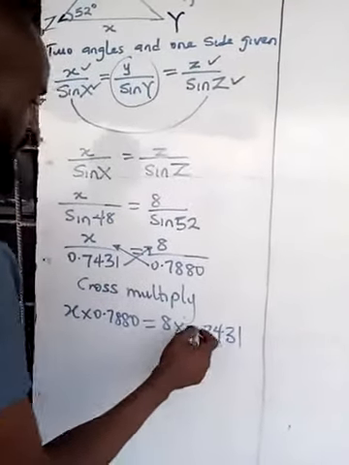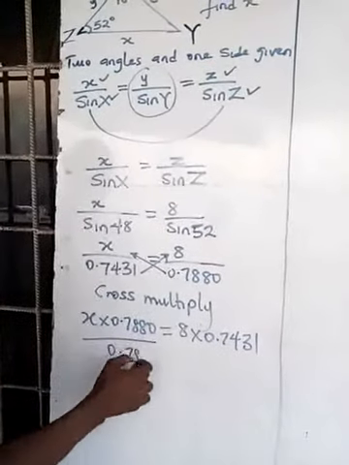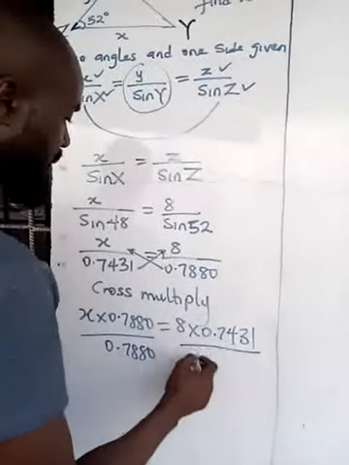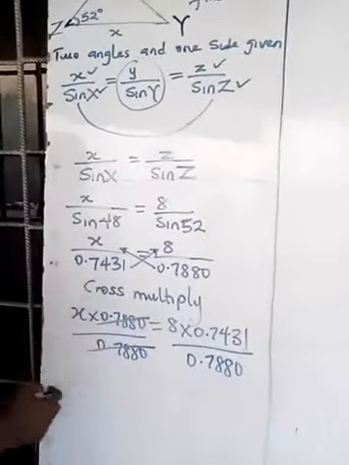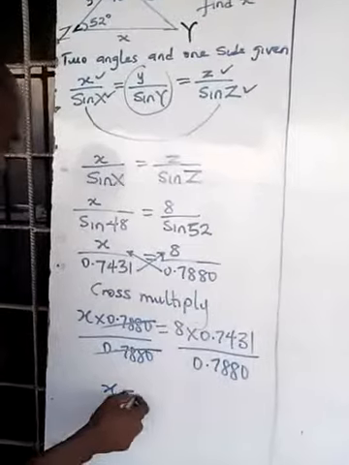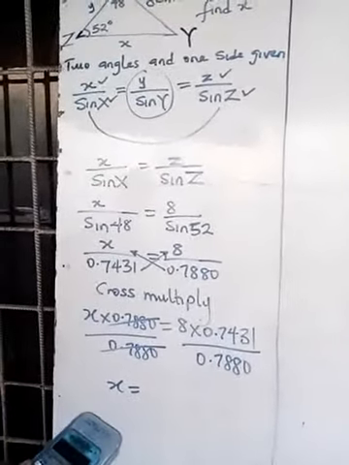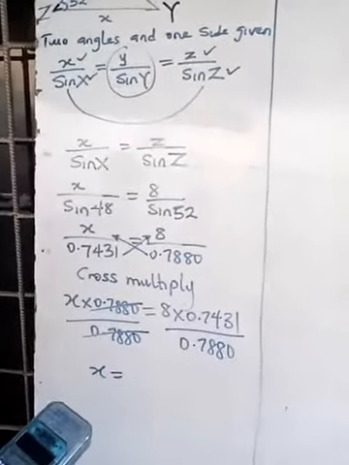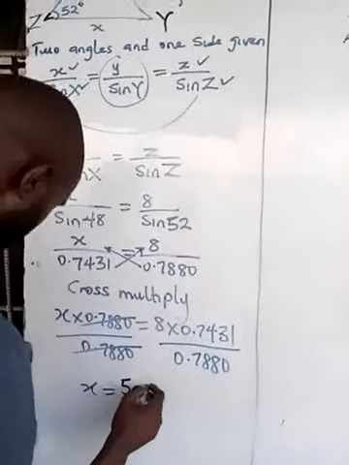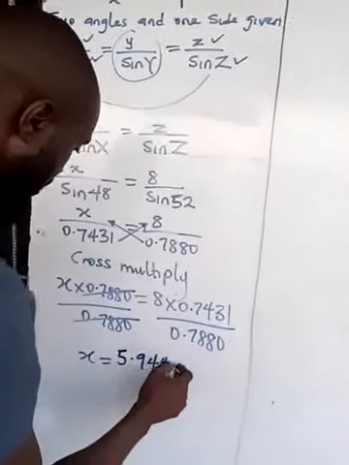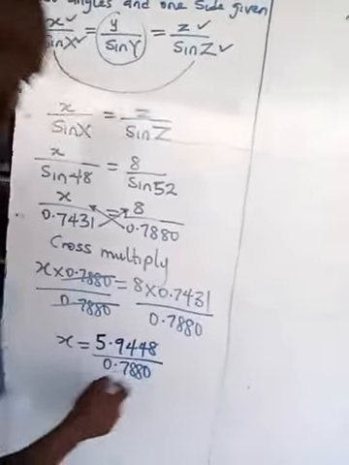0.7431. So if we divide both sides to look for x by 0.7880, this cancels this, so we have x is equals to, if we multiply 8 times 0.7431, that's 5.9448, all over 0.7880.